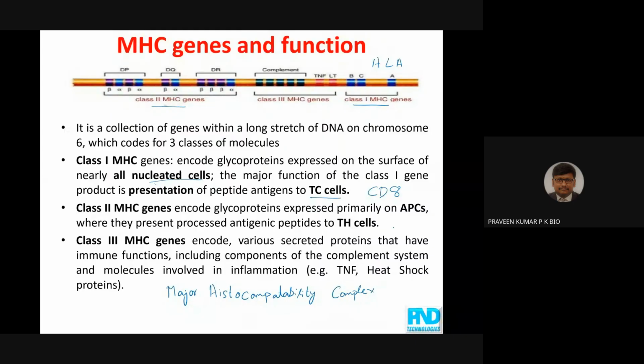If it is class 2 MHC genes, then they present peptides to T helper cells, which have CD4. In HIV patients at the dying stage, the CD4 count is zero. Slowly the CD4 cells die if they are infected with this virus.